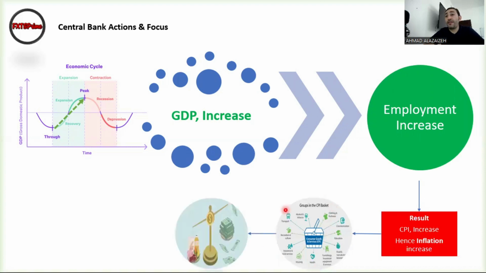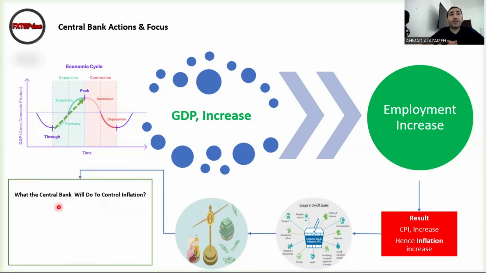Hence, if the goods and services prices start to increase, we end up with expensive goods and services, and that is why we call this inflation. So you need a lot more money to purchase the same services, and what will the central bank do to control the inflation? First of all, it is going to decrease the money supply because there is too much money in the market.